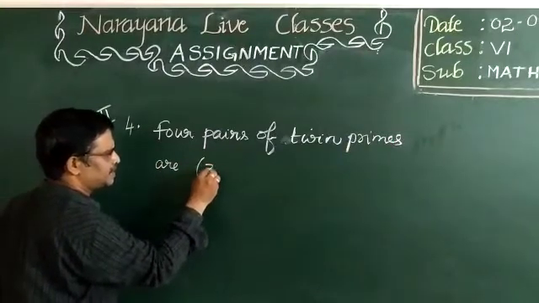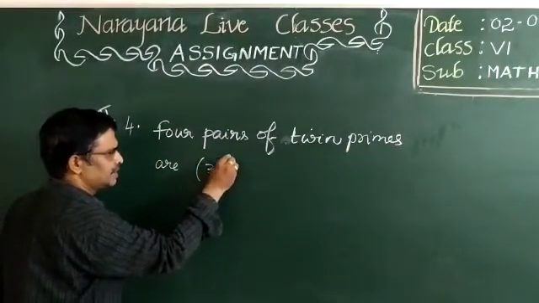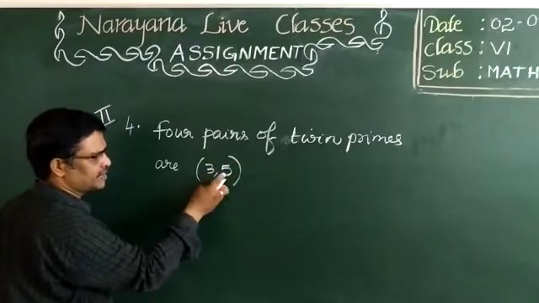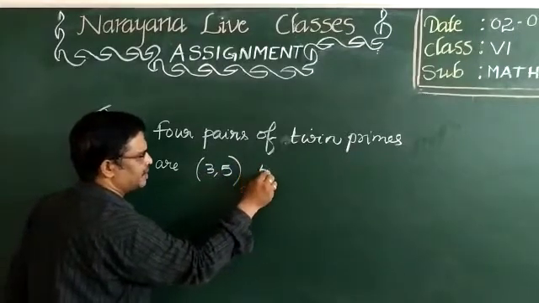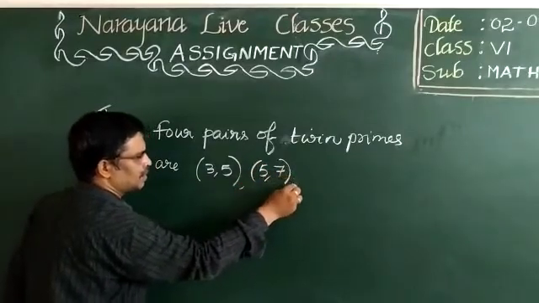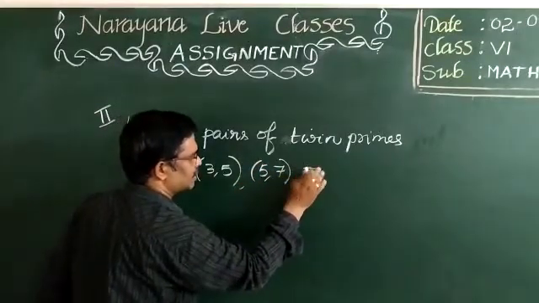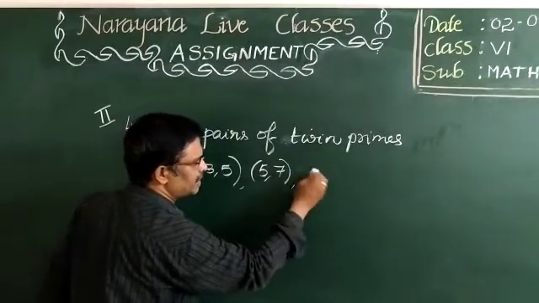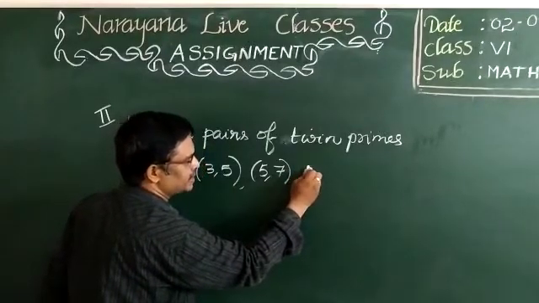First pair is 3, 5. It is a twin prime because the difference is 2. And second pair is 5, 7. Third one is 7 and 11. Difference is more. That is the reason that is also not a pair.